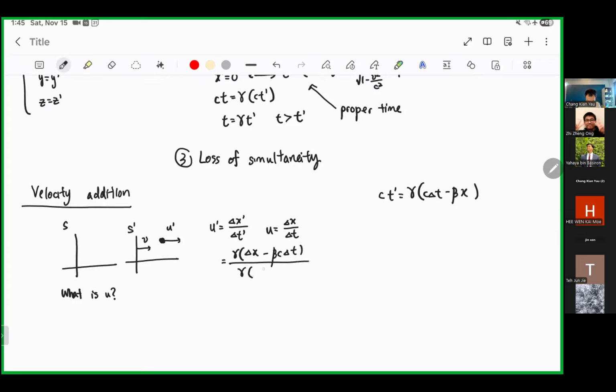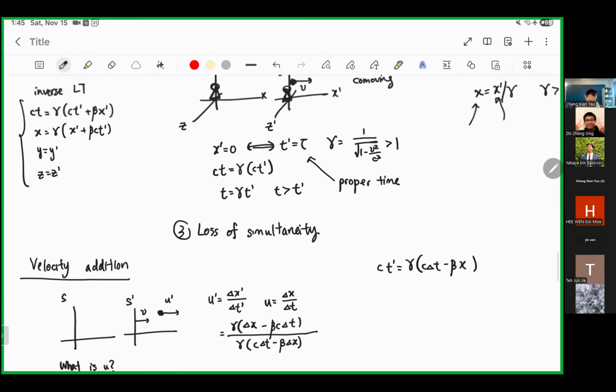And then this is gamma (c delta t minus beta delta x) divided by c. Yeah, the units make sense.